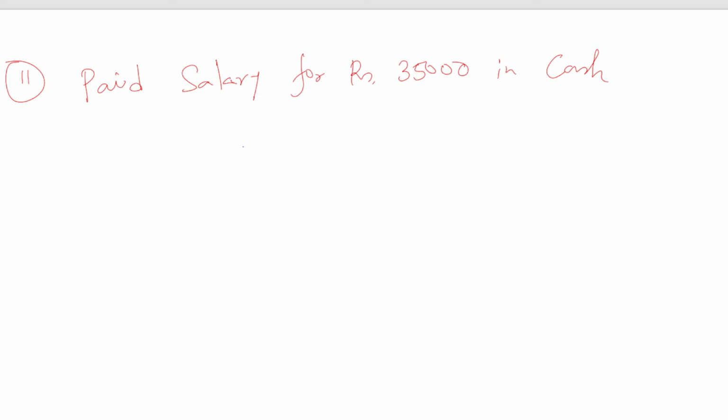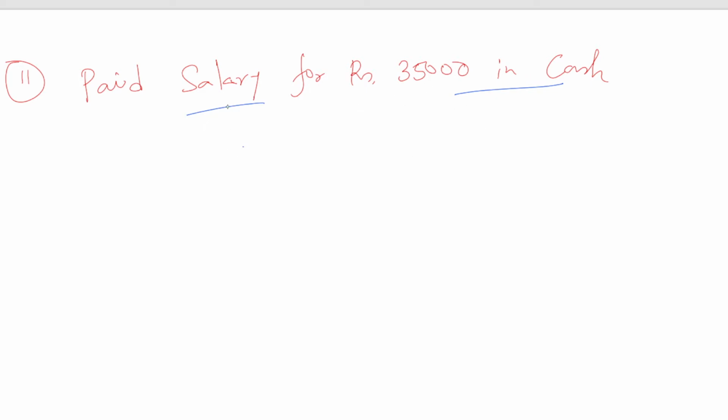So it is a simple journal entry. I think everyone can respond, but all of you are not responding. So basically, this is salary paid for 35,000, in cash.